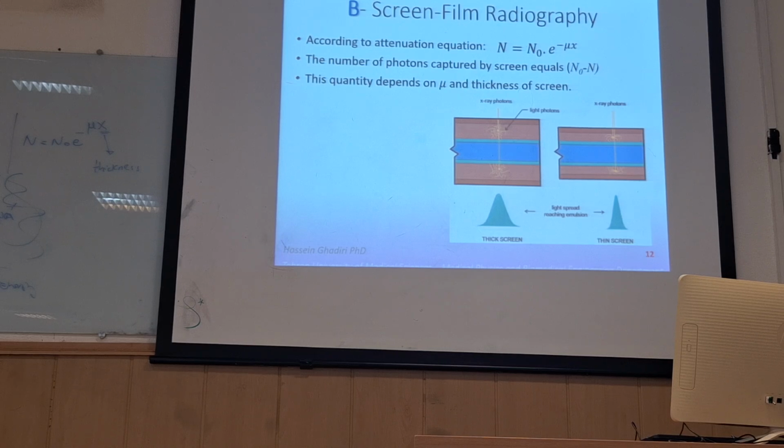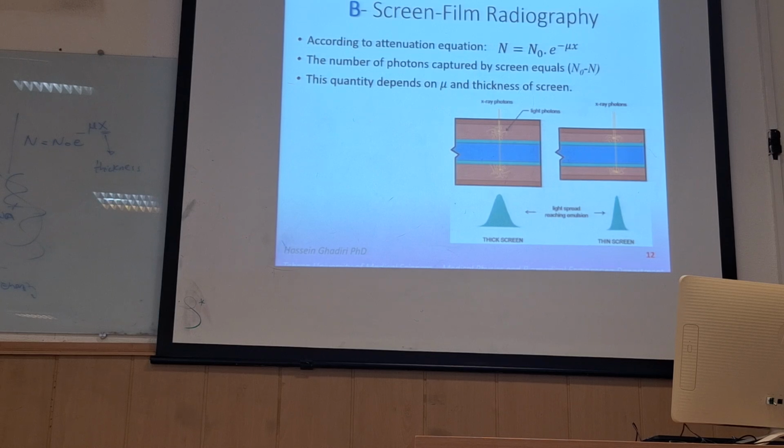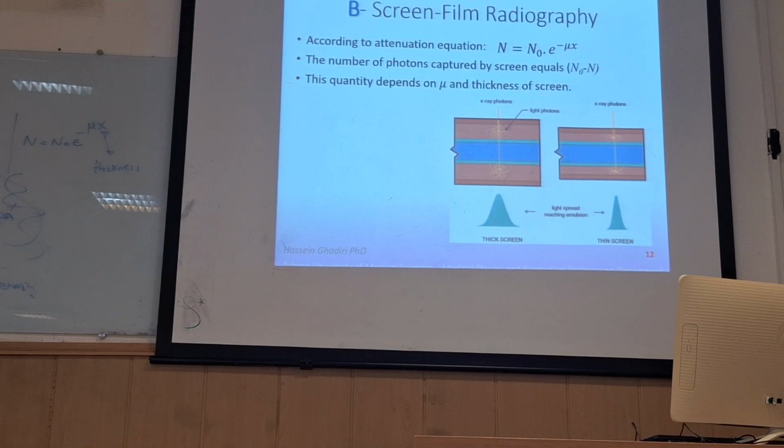Why? Because if we don't use the screen and put the film here, one photon makes one small point in the film. One photon makes one small point in the film, it is good.